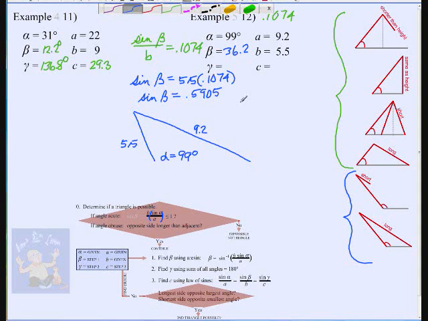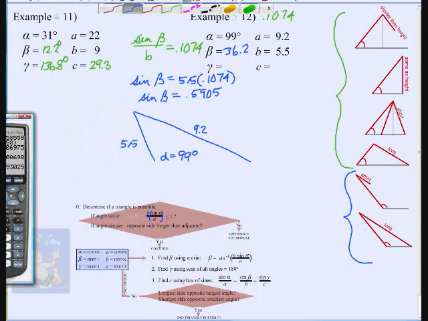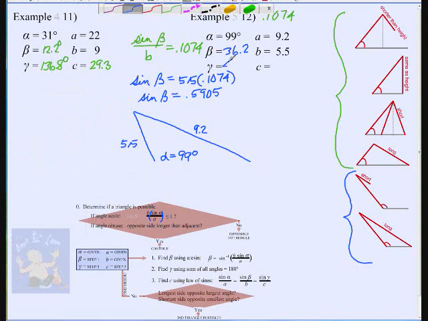And our gamma, we're going to add 99 to that, and then we're going to find the difference with 180 degrees. 44.8 degrees.